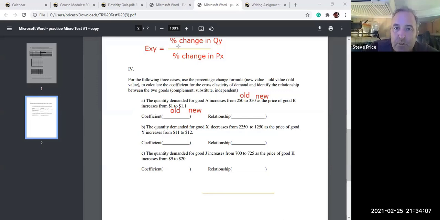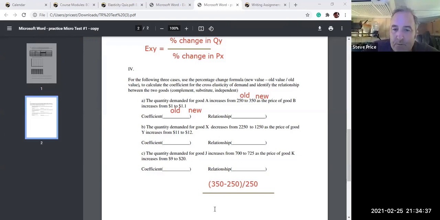In the numerator, I'm doing the percentage change in quantity. So again, that is new value minus old value over old value. Here the quantity demanded for good A is 250 to 350. So I'll set this up like 350 minus 250, new minus old, divided by old, 250.